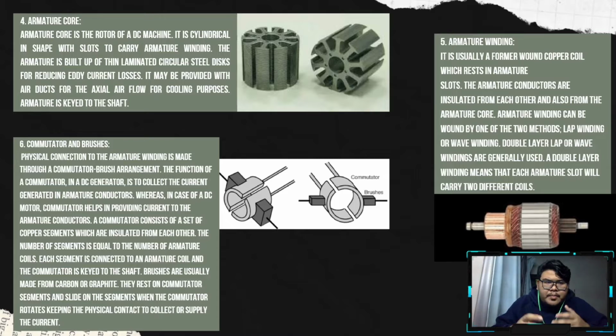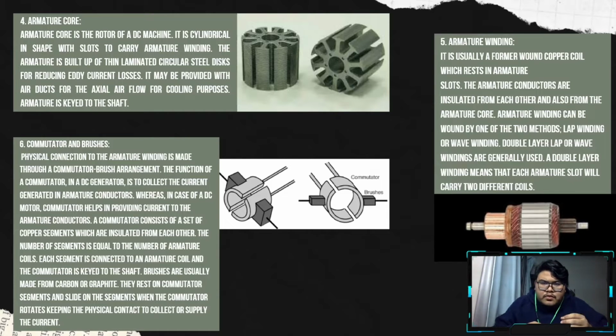Fourth, we have the armature core. The armature core is the rotor of the DC machine. It may be provided with air ducts for axial airflow for cooling purposes. The armature is keyed to the shaft. Next, we have the armature winding.